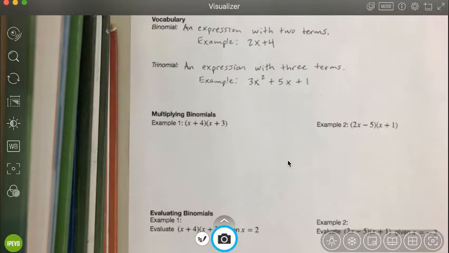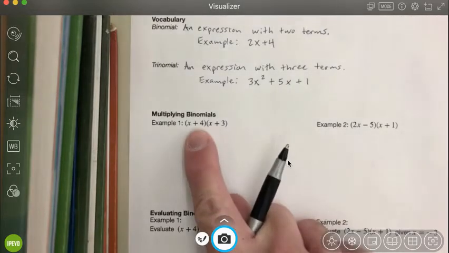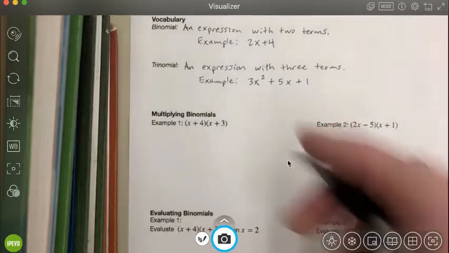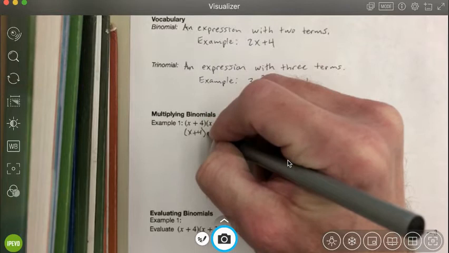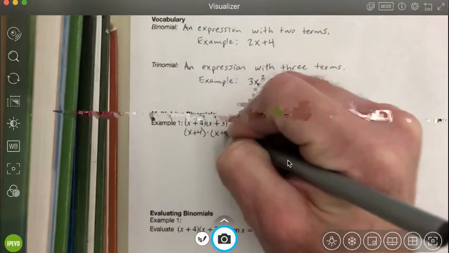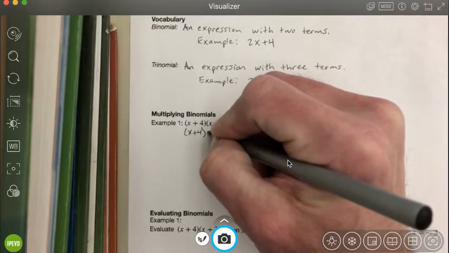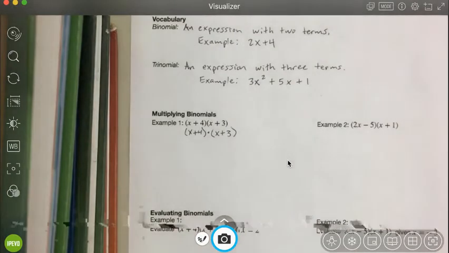All right, but first let's look at how an exponent even comes about. So something like this, x plus 4 times x plus 3. So in case you need that reminder, remember when they're next to each other like this in parentheses, there's multiplication happening between them. All right.